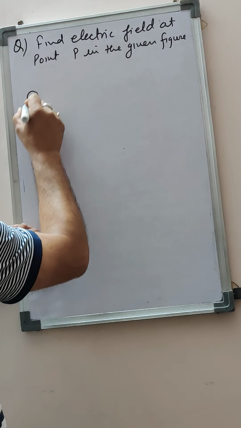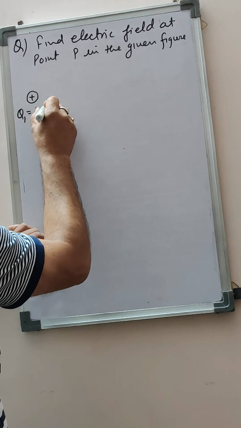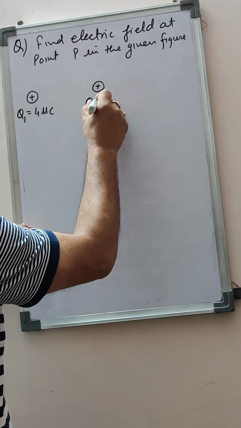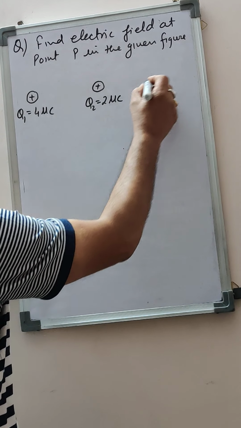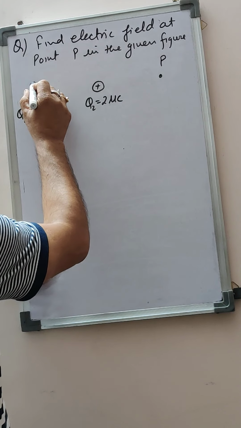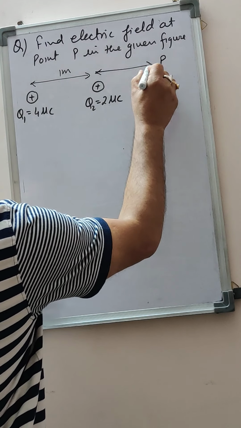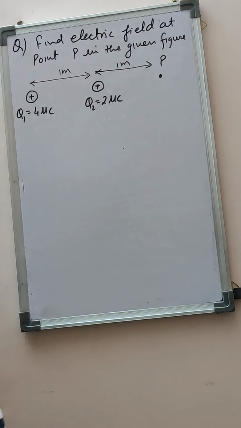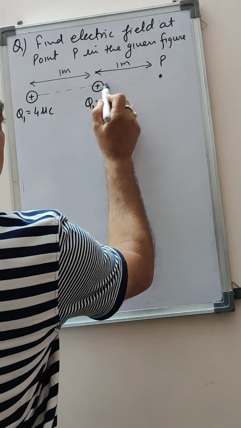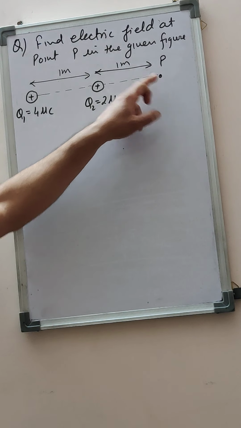This charge is positive Q1, 4 microcoulomb, this charge is positive Q2, 2 microcoulomb, and you have to find the field over here. This distance is 1 meter, this distance is 1 meter. All are along the same line. You have to find the field at point P.